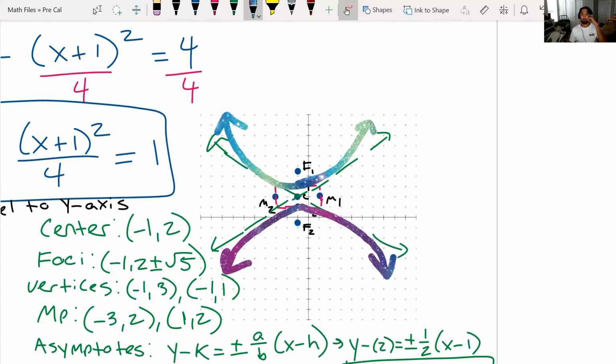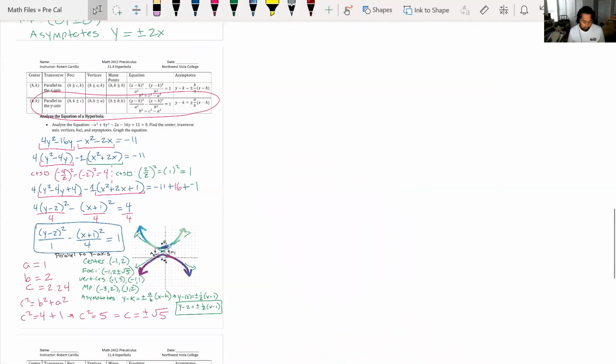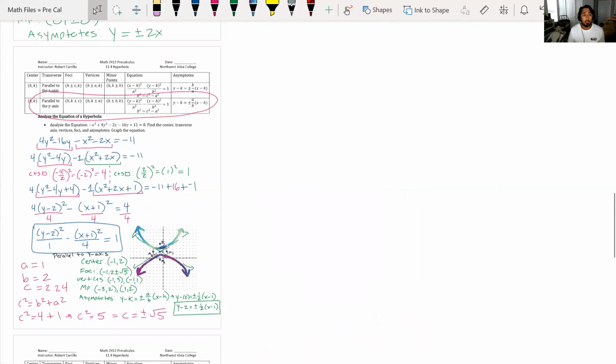There we go. And that's what a hyperbola that is parallel to the y-axis looks like. Whew, lots of information.